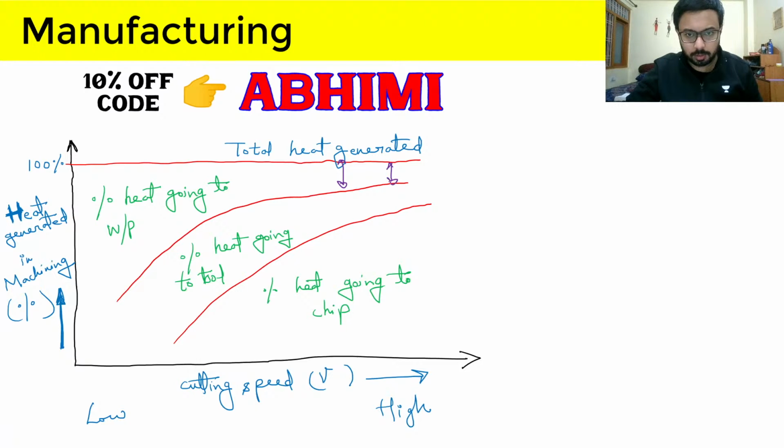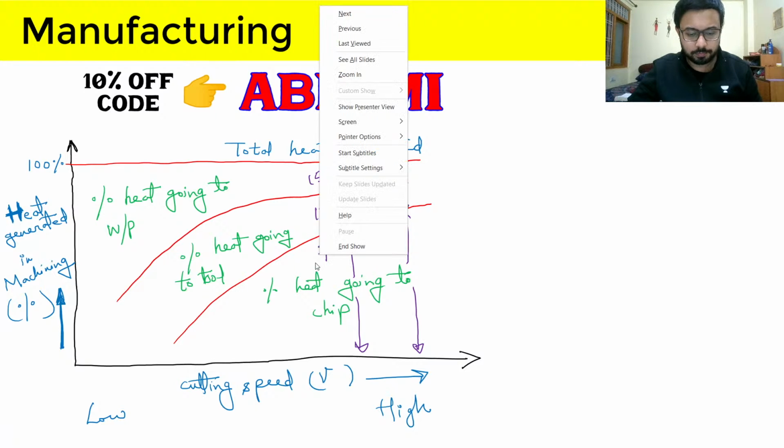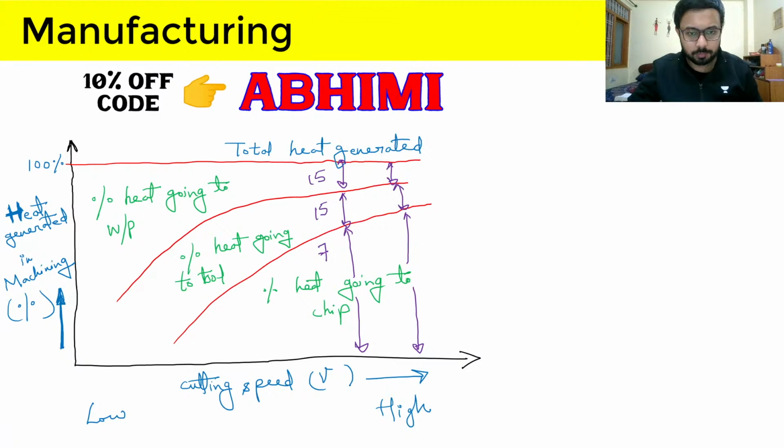These values I am providing just to give you an idea of how the heat transferred is distributed among tool, chip and workpiece. I will give the values in percentages.